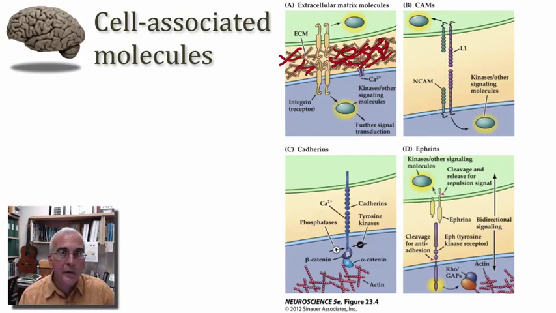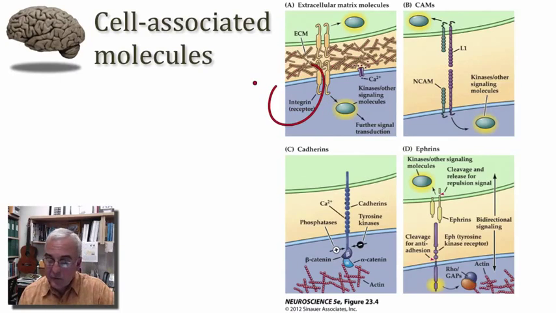And molecules can interact then with receptors, which are often the very same molecule. We call this a homophilic interaction because it's the same molecule interacting with itself. In this case, what we see are interactions among the integrin receptors.